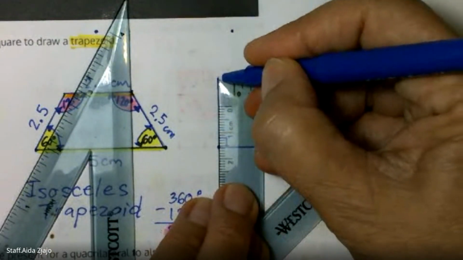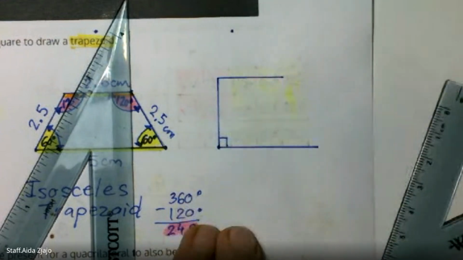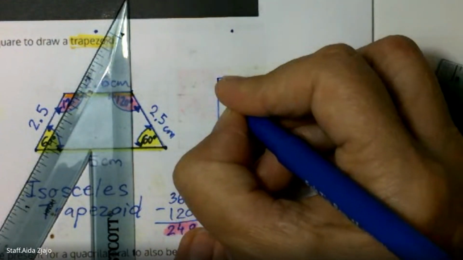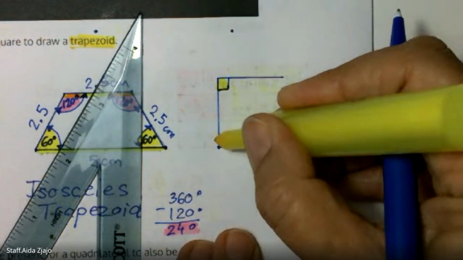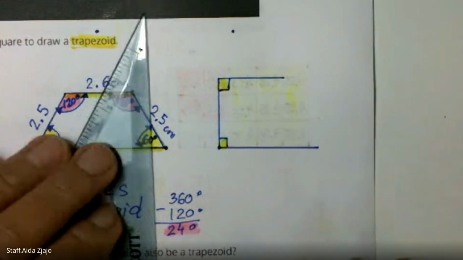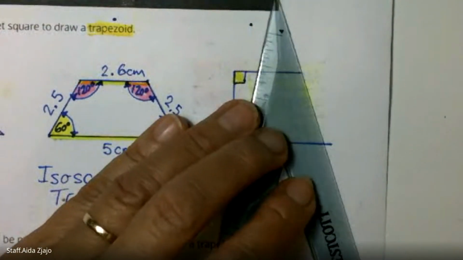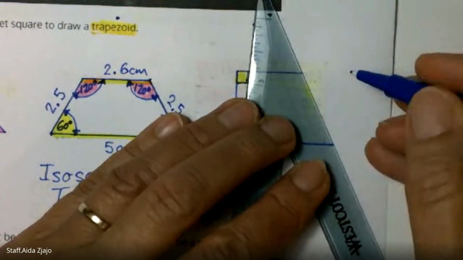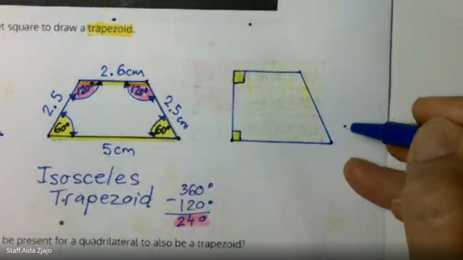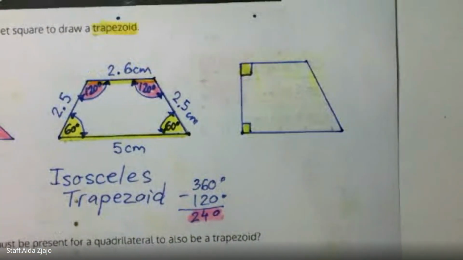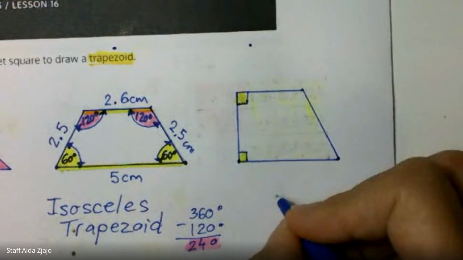I use my little triangle, and here is another right angle. So I have two right angles, and now all I need is one of the sides. Depending on how I want it, this is my right trapezoid.